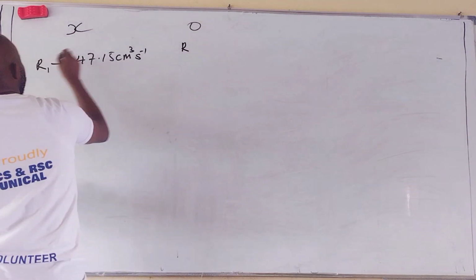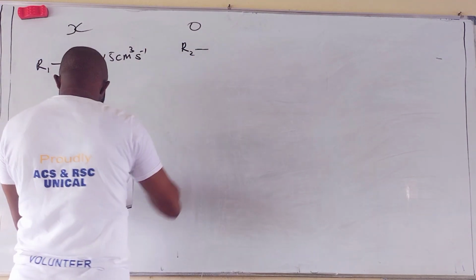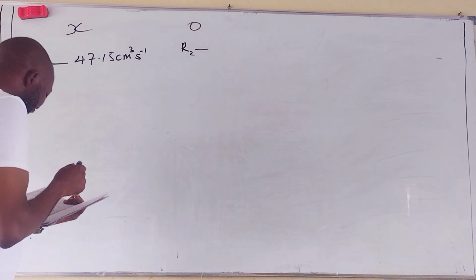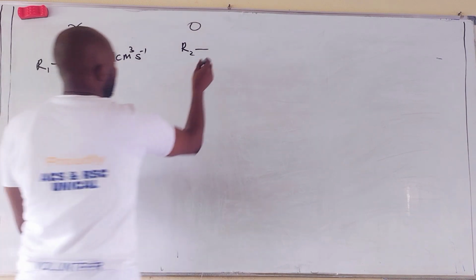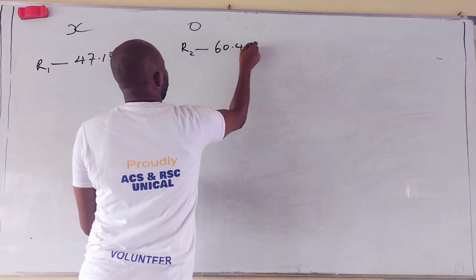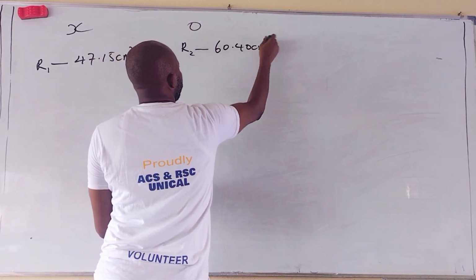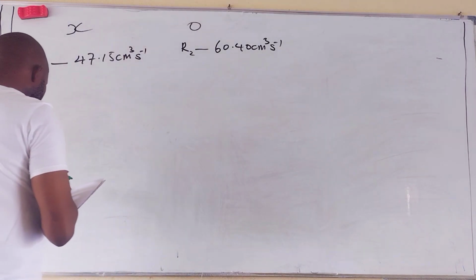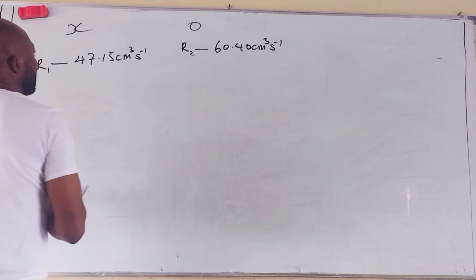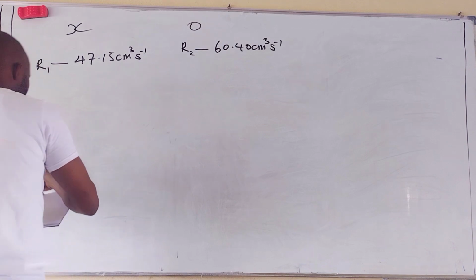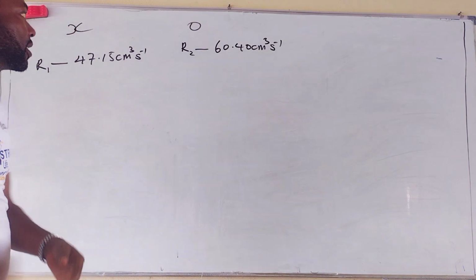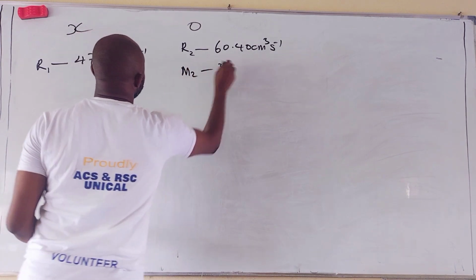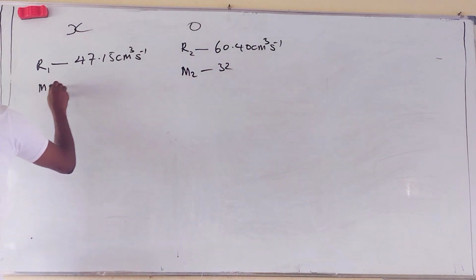This is R1, this is my R2. Calculate the relative molecular mass of the gas. Oxygen is always 32, so M2 is 32, and M1 we don't know.